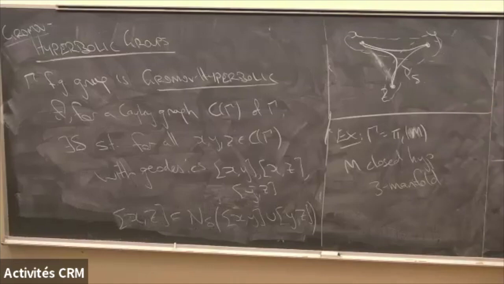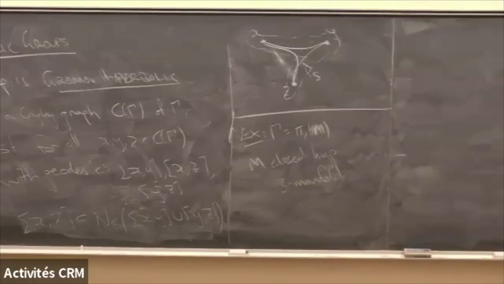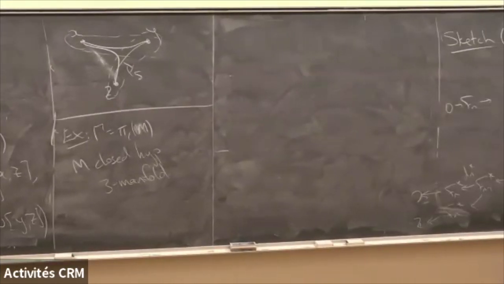This property here is an abstraction of a property that is just true in real hyperbolic geometry, which is that triangles are thin. And that's a pretty easy consequence of the fact that the area of any geodesic triangle in H2 is bounded by pi. Okay, and this is an abstraction of that, and it's a very powerful and useful abstraction.